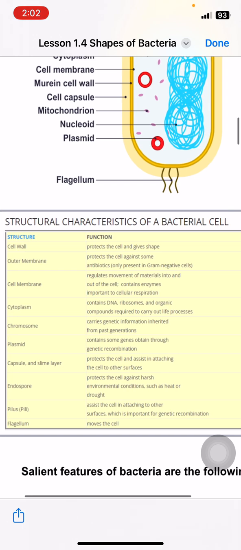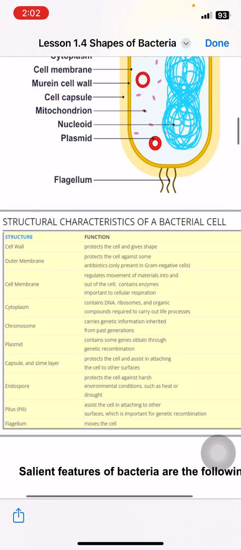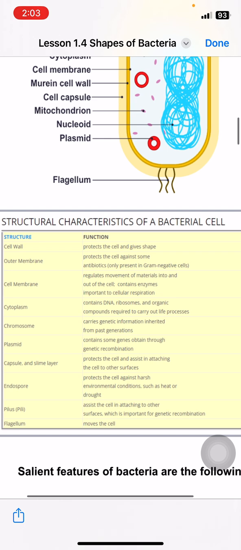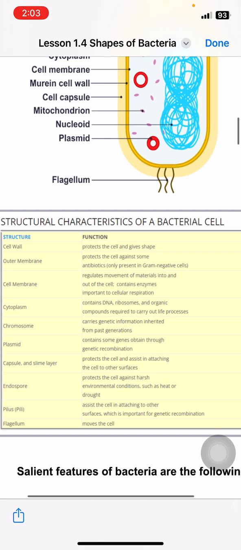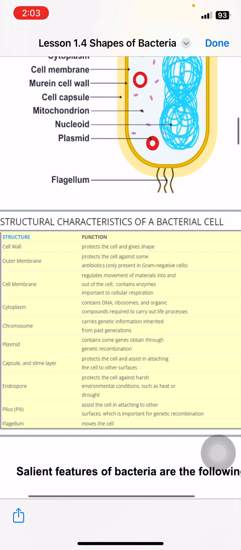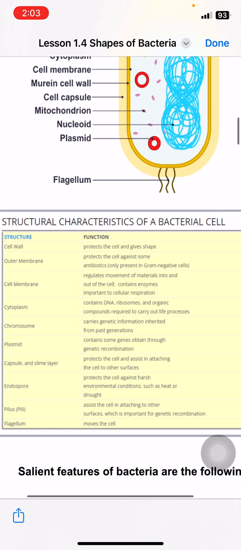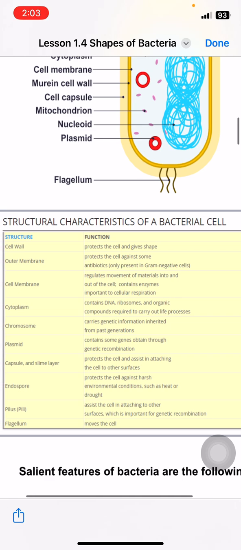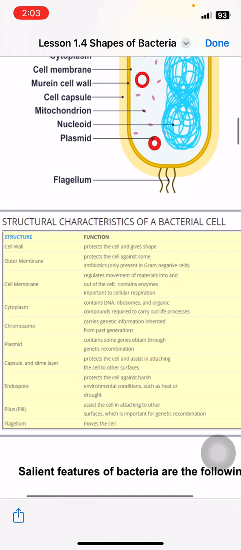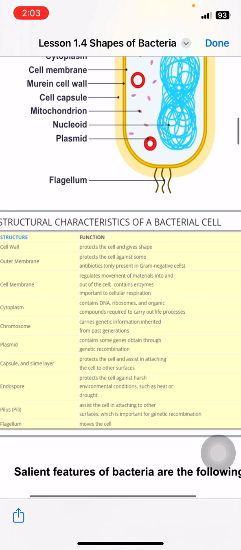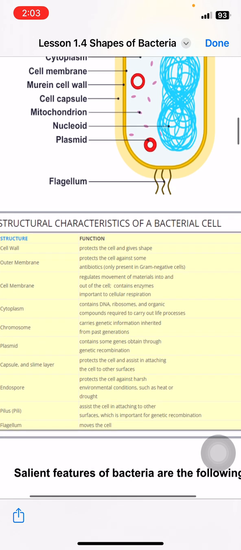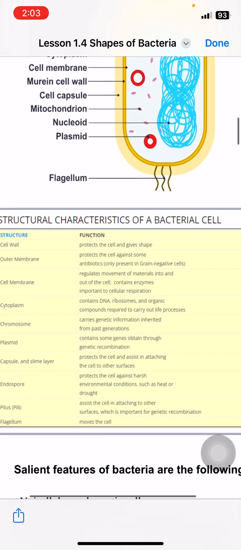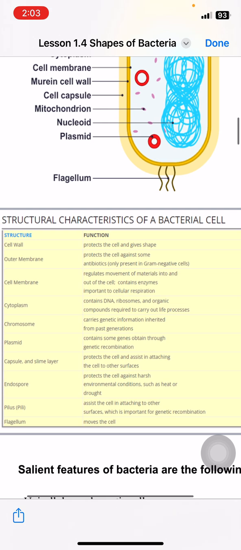We already did this in your anatomy, so I will not explain it further because I know you already know this, since you passed your anatomy and physiology. The only term you are not familiar with is the endospore. The endospore is in the outer layer of the prokaryotic cell, and it serves as protection against environmental conditions such as heat or drought. So that is the endospore.